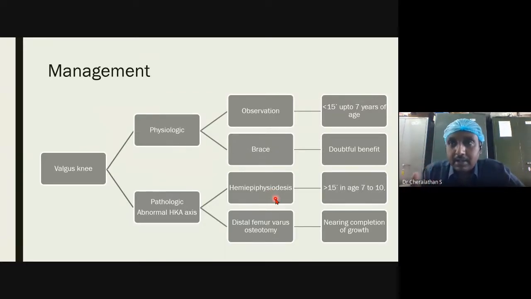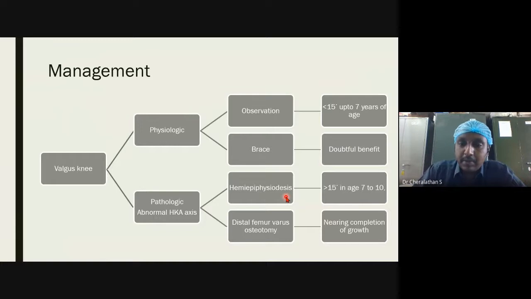If the deficiency is corrected, there can be spontaneous correction, but we can't be sure of it. So the treatment option which will give you a definitive correction is the surgical management, which is hemiepiphysiodesis or distal femoral varus osteotomy. We'll see where and what it is.